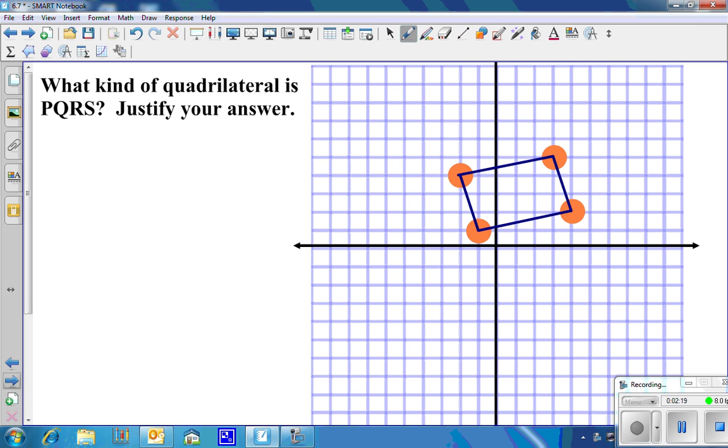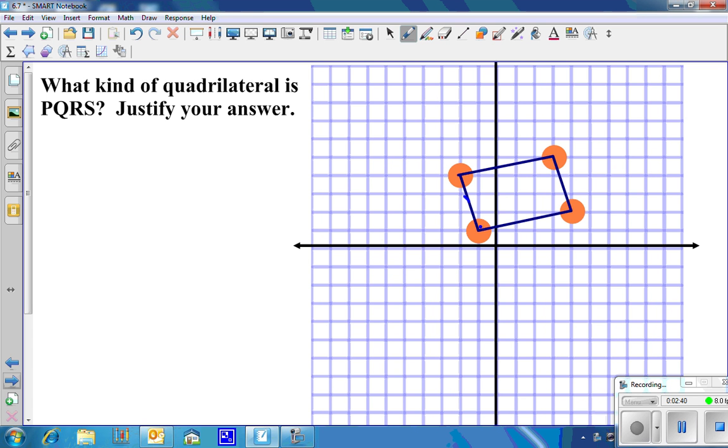The way to determine whether or not their angles are 90 degrees is to find the slope of the consecutive sides. So if I find the slope of these 2 sides and these 2 sides, they have to be opposite reciprocals of each other to be 90 degrees, to be perpendicular.